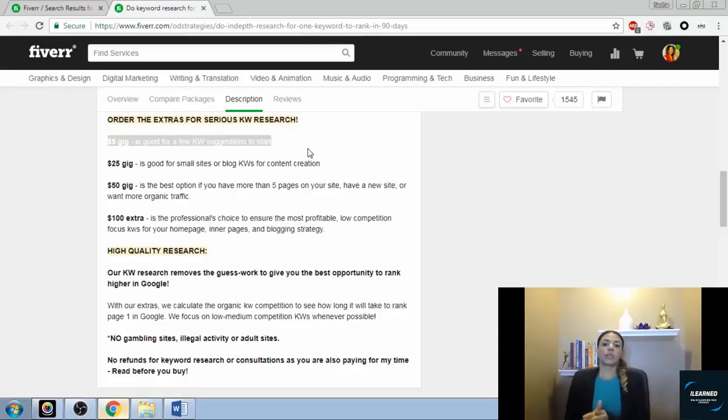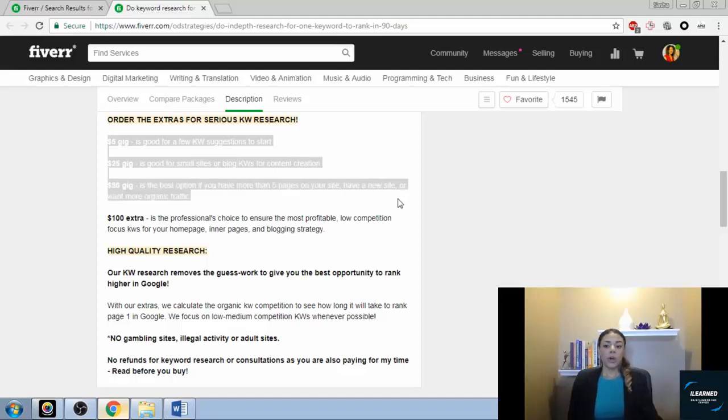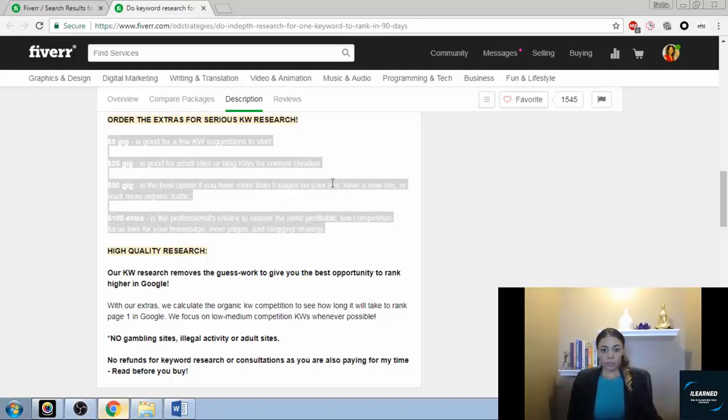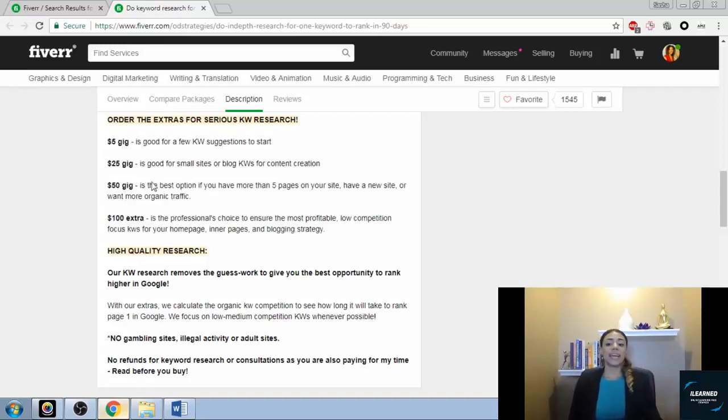Like for some of my SEO gigs and the backlink services, I would explain how I go about building those backlinks and what it's going to do for them. But in this gig, pretty much everyone knows what keyword research is, so I just go into describing what my packages are. So again, those are just a few different ways that you can go about setting up this gig description.